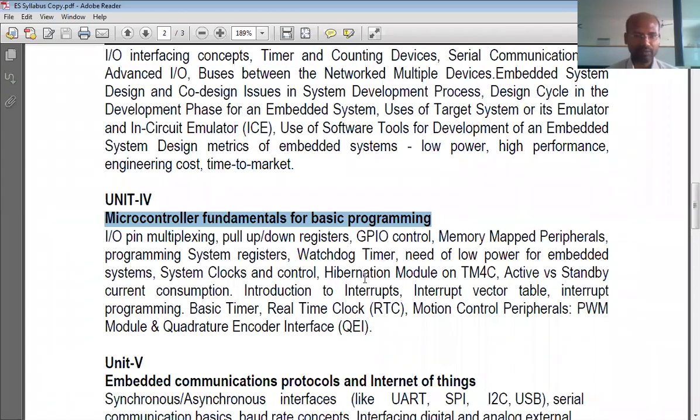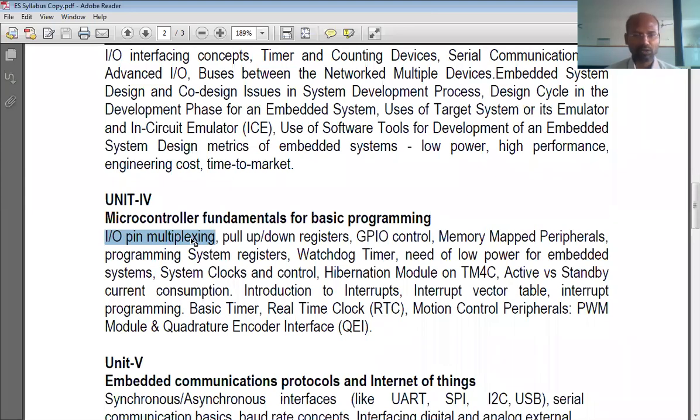In this Unit 4, we will see IO pin multiplexing. IO pin multiplexing means microcontrollers have certain pins. If it is a small microcontroller, it may have 8 pins or 10 pins, or if it is a big microcontroller, it may have as many as 100 or 120 pins. It is not like a single pin is dedicated to a single or particular functionality.